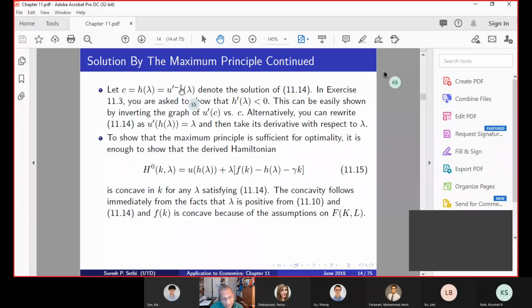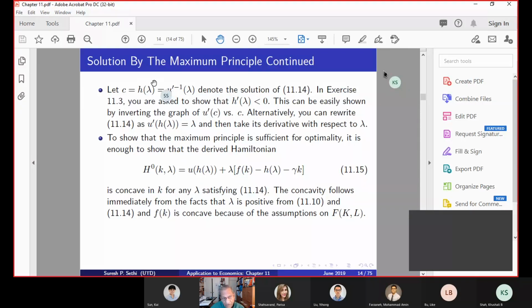And you can write this as u prime of h of lambda equal to lambda, because if you take the inverse, it becomes u prime of h of lambda equal to lambda. And then you take the derivative and find the value. You can actually find h prime of lambda simply by calculus.